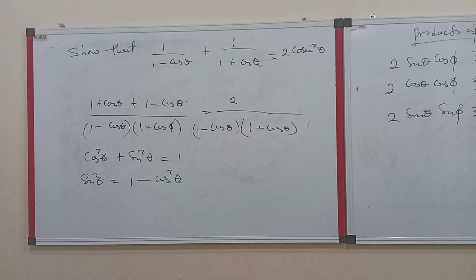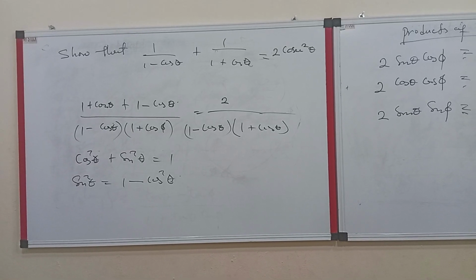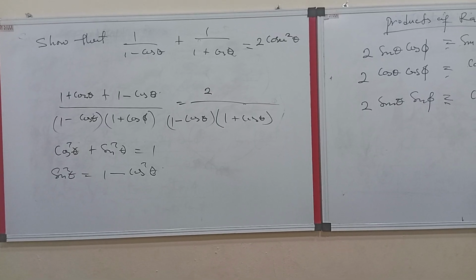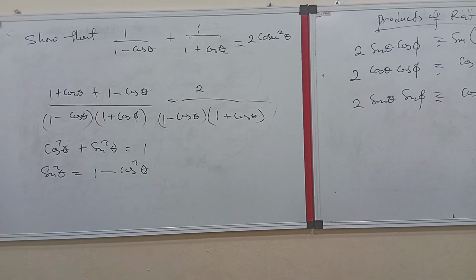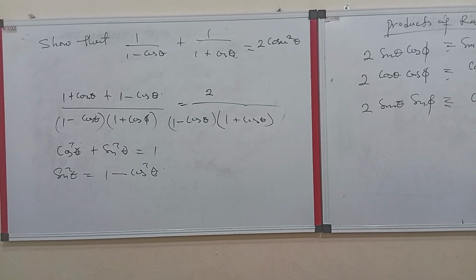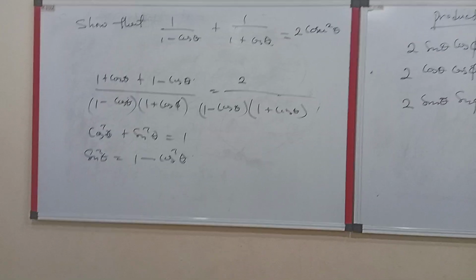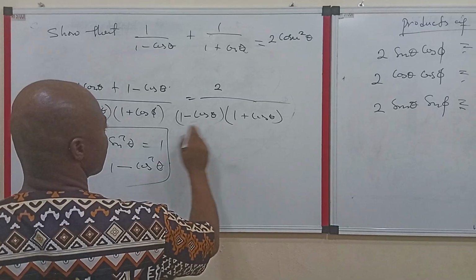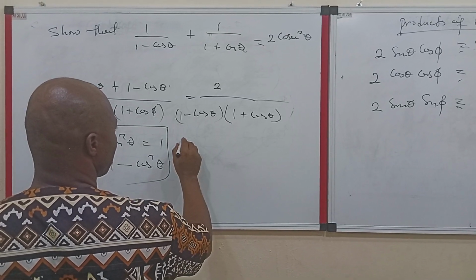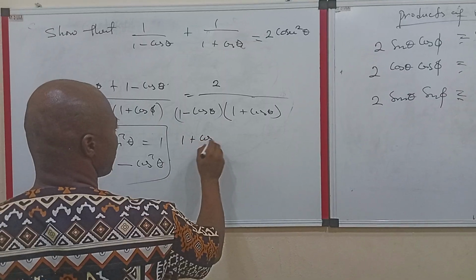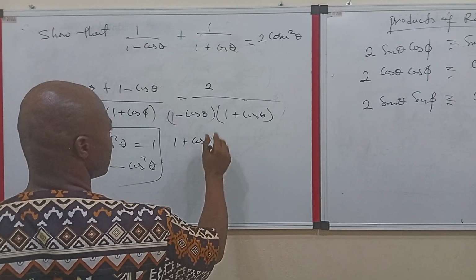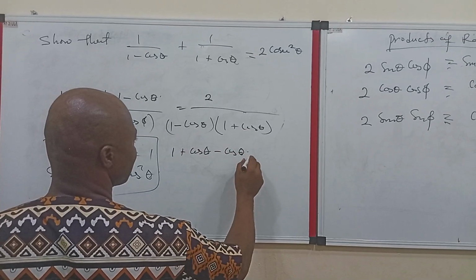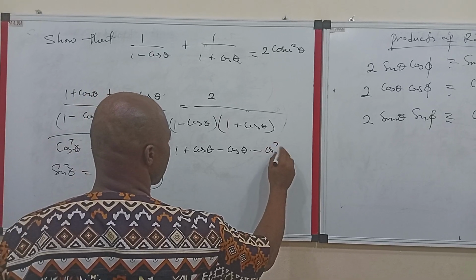So what do you do? From this side, if you open the brackets, you have 1, then plus cos theta, then minus cos theta, then negative cos squared theta.